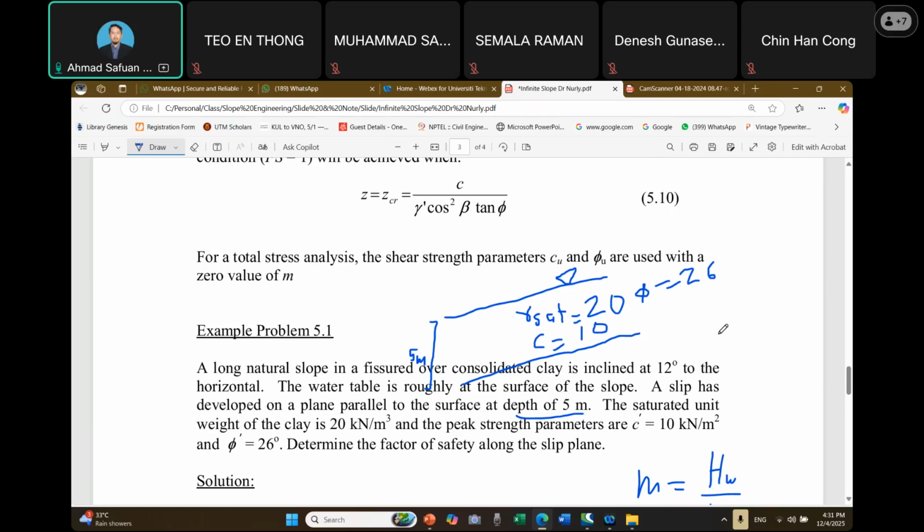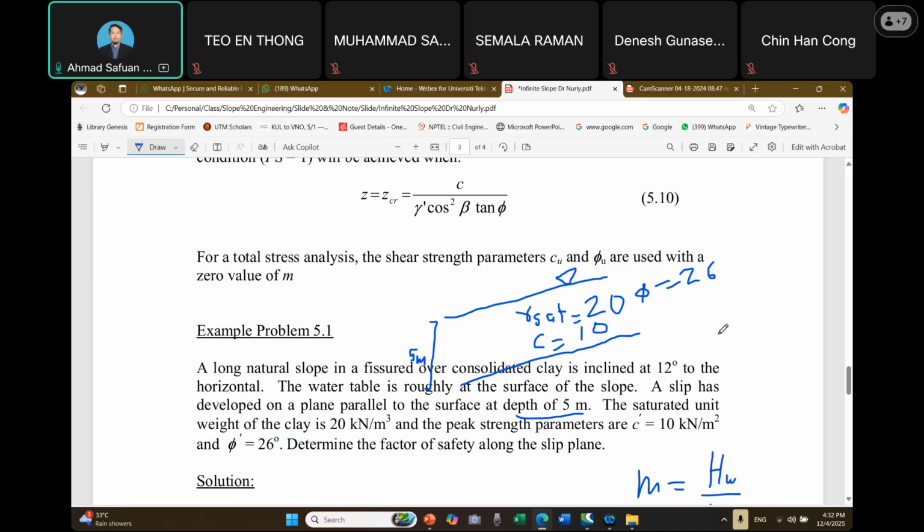If we observe there is a clear failure plane at the site, then we need to measure. We can also use the linear failure plane methods to get the factor of safety.